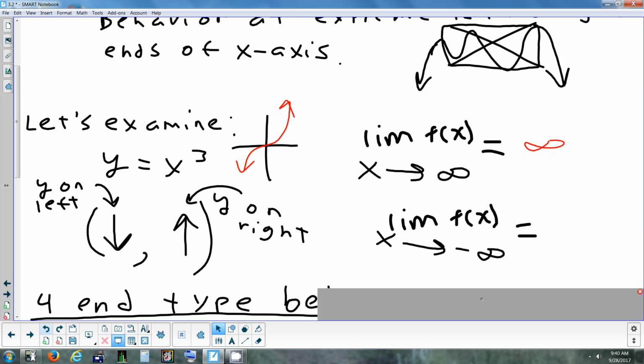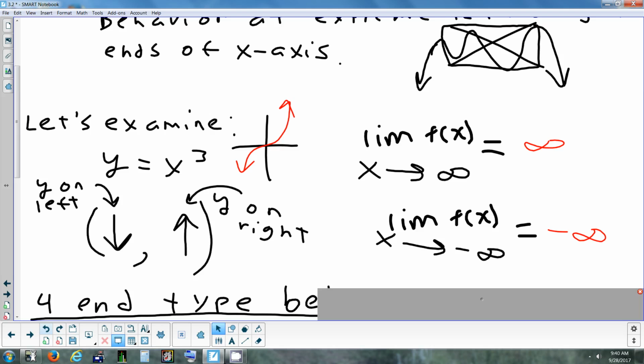Now, what's happening to y as x gets smaller and smaller towards negative infinity? What's the limit? It never reaches it, but it's getting closer to it. Negative infinity. So in this case, as x gets more and more negative, negative 100, negative 1,000, negative 1,000,000, y is getting lower and lower, and it's never stopping.